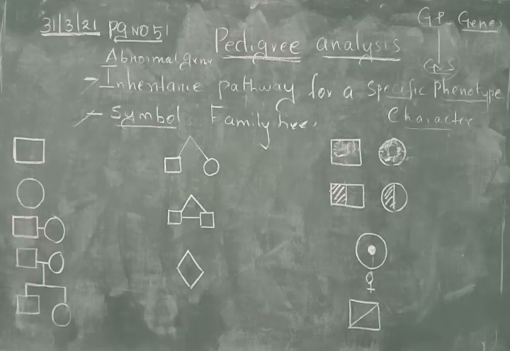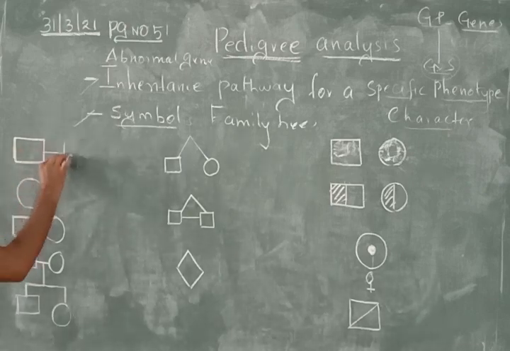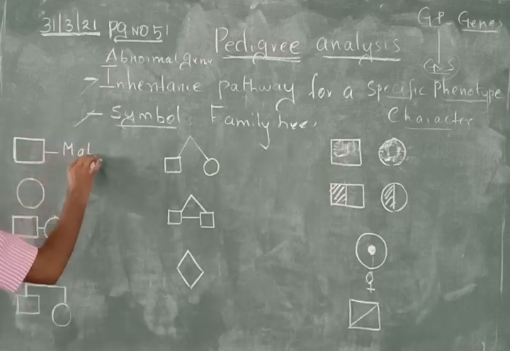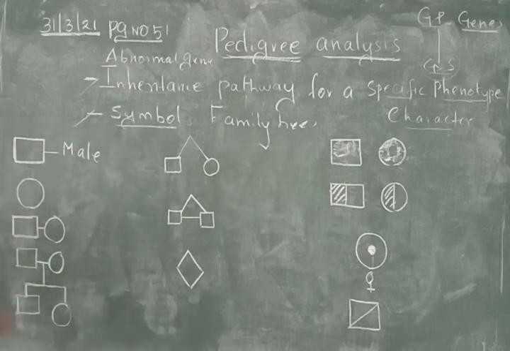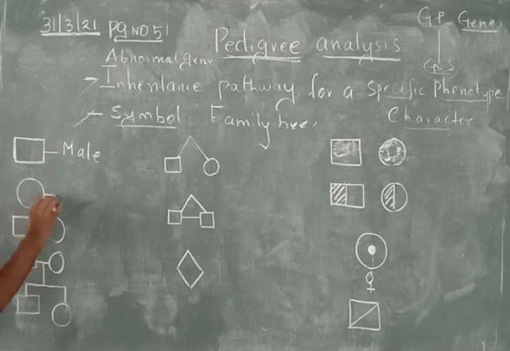Now here we have certain symbols I have drawn for you to understand. If you find this kind of a square, this represents male. If you see this in the pedigree chart, it always represents male, and this symbol is for female.